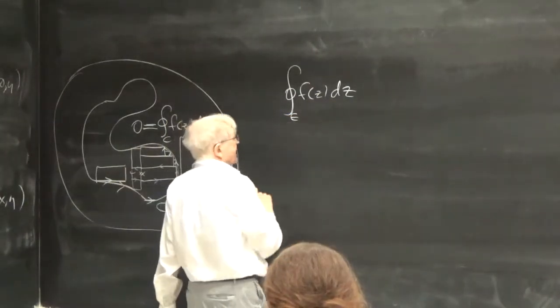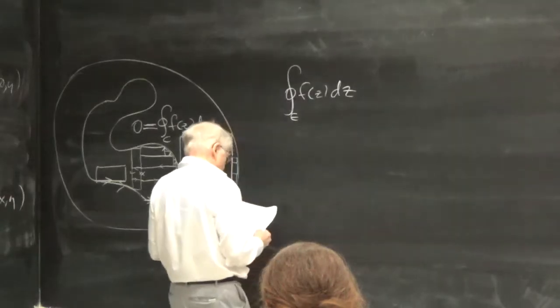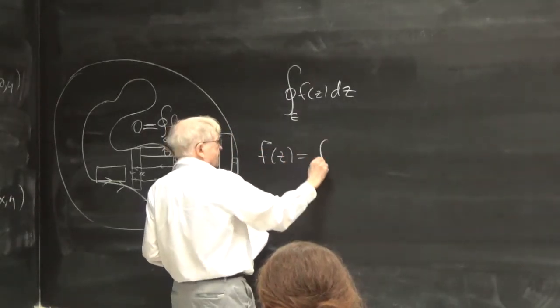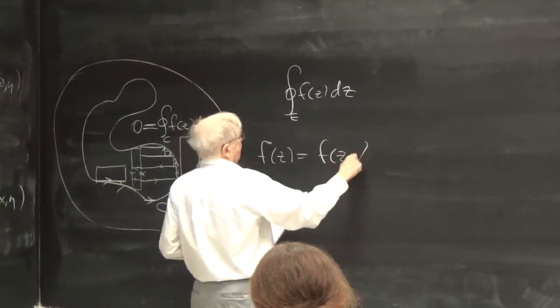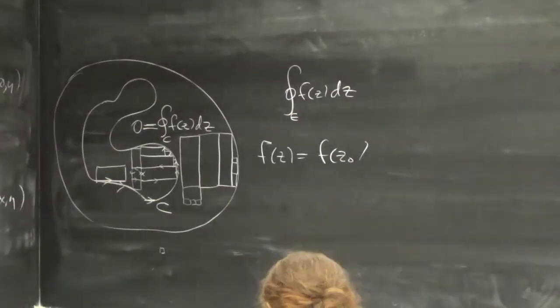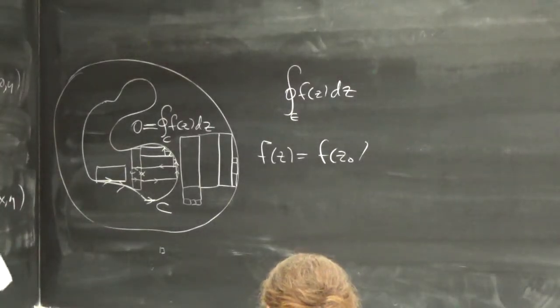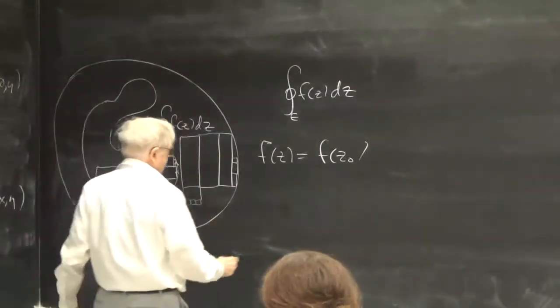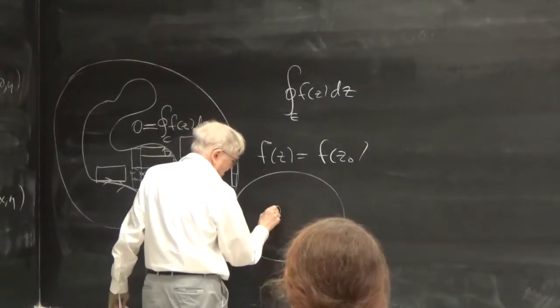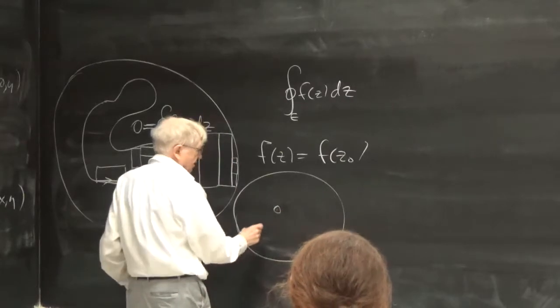So its radius is epsilon. Since it's a very tiny circle, we can approximate, and of course, once again, f of z is analytic in a simply connected region, and the circle is inside the region. So we're talking about a tiny circle at some point z0.